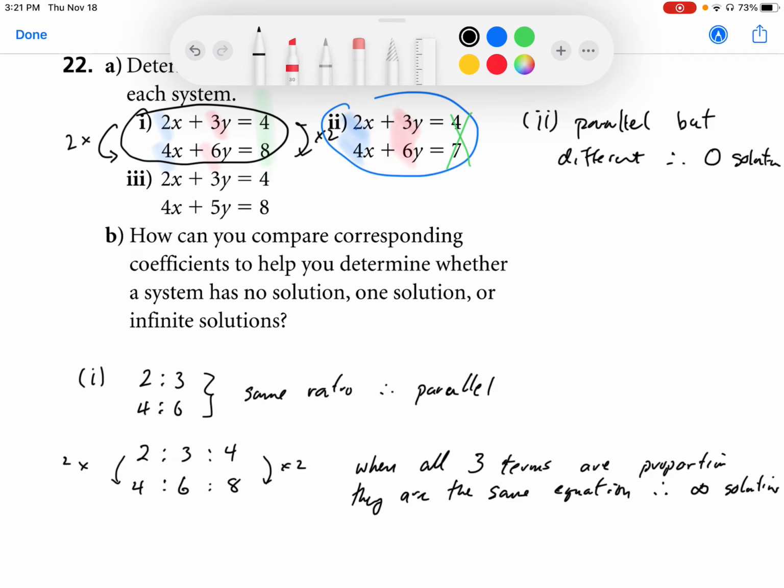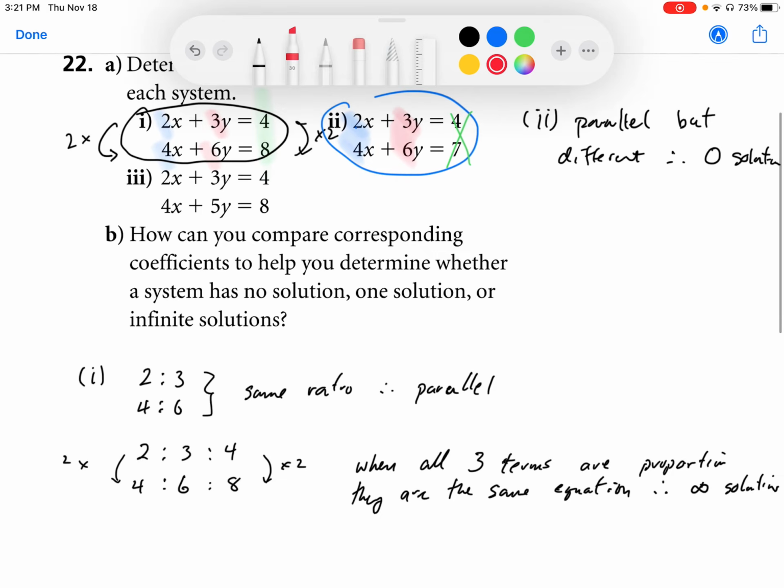Okay, and then lastly, if we take a look at number 3, okay, so I'm just going to circle that there. If we look at 3, we can see that the ratio of the x's to the y's are in a different ratio. We don't even need to check the last term because we know that the coefficients are in different proportions, have different ratios.